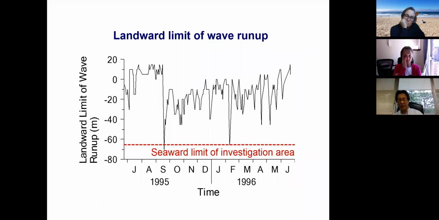And this figure shows the time series of the landward limit of the wave run-up. Well, the data is a little bit old, from 1995 and 1996, and a little bit limited, but the seaward limit of the investigation area is here. And as you can see, the waves reach this investigation area twice in 2 years.